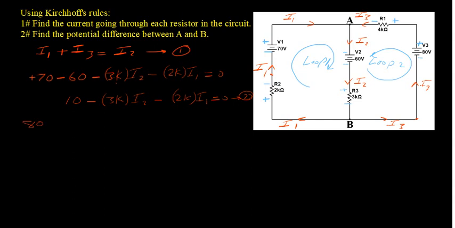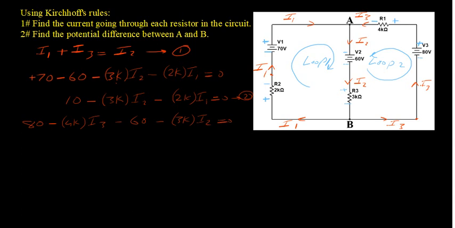For loop 2, I will go counterclockwise starting from this point, and it's going to be 80 minus 4 kilo going through resistor 1 and multiplied by current 3, minus 60 volt, that's the second battery, then minus 3 kilo ohm, that's resistor 3 multiplied by the second current, and come back to 0.